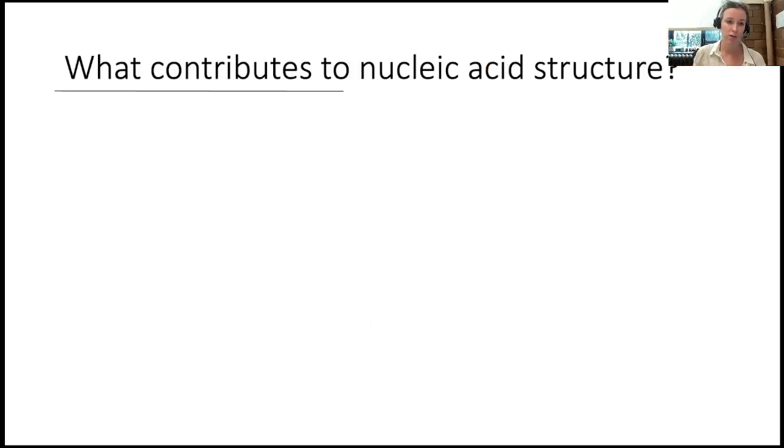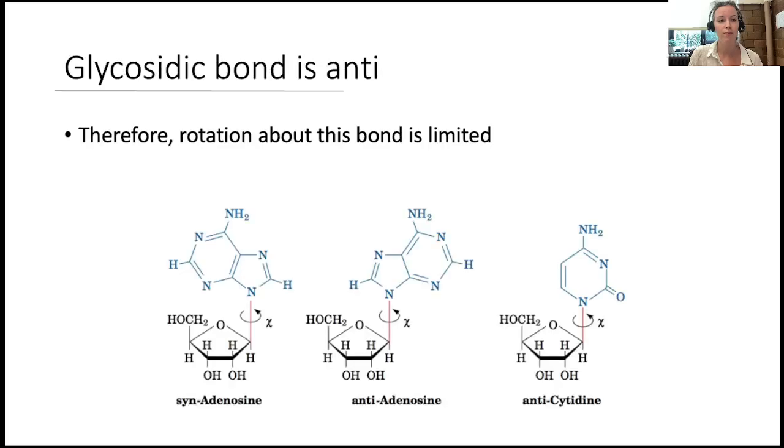What else contributes to nucleic acid structure? The first thing that we can think about is that glycosidic bond, throwback again to carbohydrates. So the glycosidic bond, we're talking about the bond between the anomeric carbon and a non-hydrogen substituent, okay?